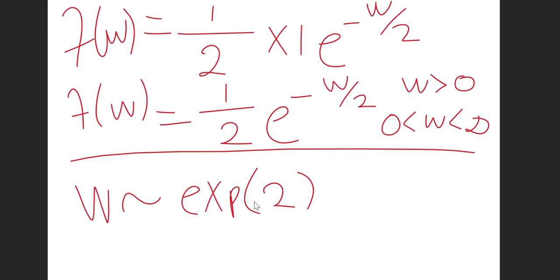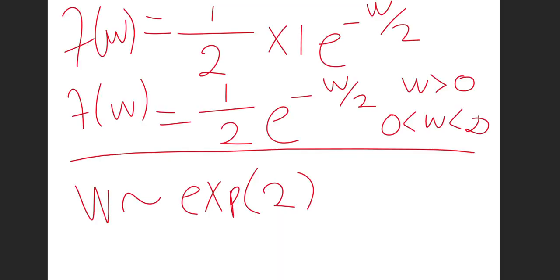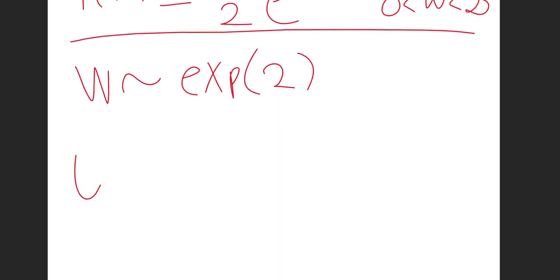Now we were also asked to find the mean and variance of the new random variable, which is going to be u. I've already used u in our expression, but we are going to carry on with this u: u is going to be 1 over 2 of w.